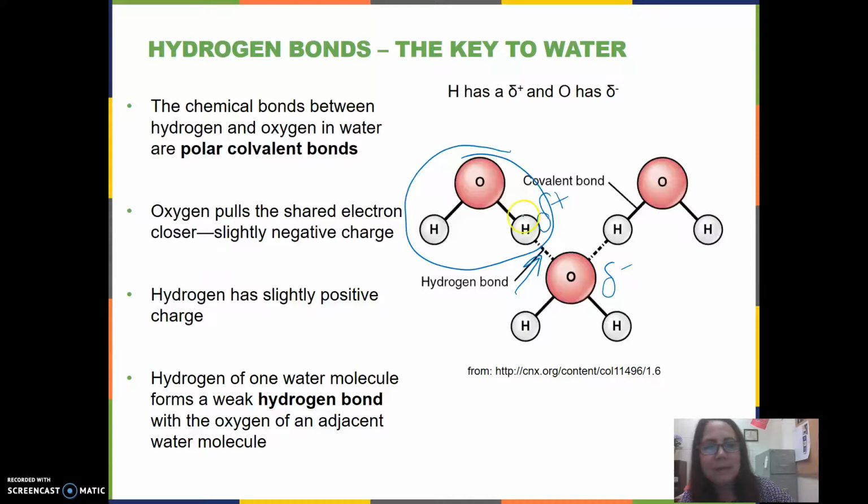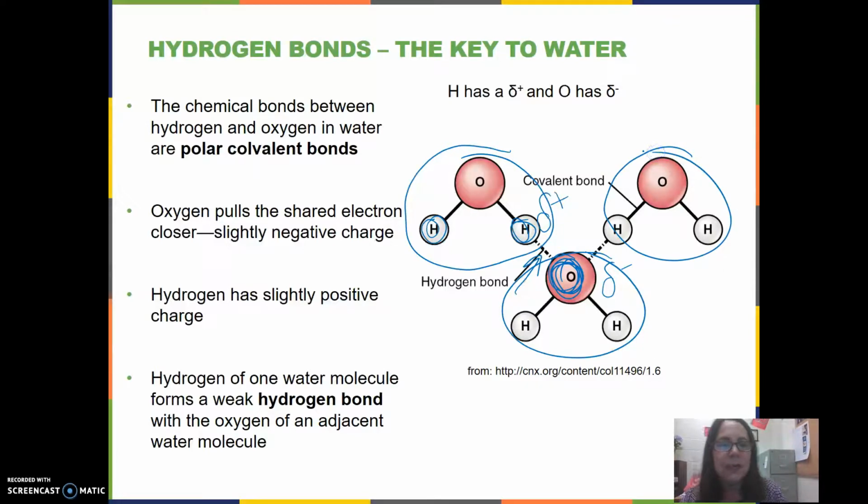The hydrogen ends of one face the oxygen ends of another. And you can see that. Here's 1, 2, 3 water molecules, and they are oriented so that the hydrogen ends of the top two face the oxygen end of the bottom molecule. And that is because hydrogen is slightly positive and oxygen is slightly negative.